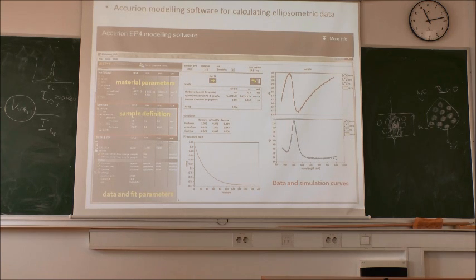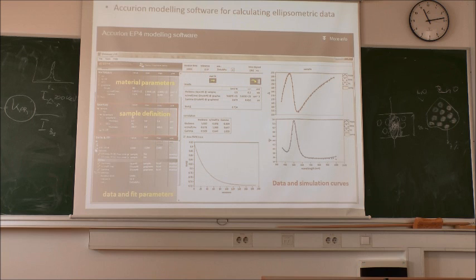In the material parameter definition section, we can define all the materials that are present in our sample. There are a lot of materials already in the database, but we have also added new materials.